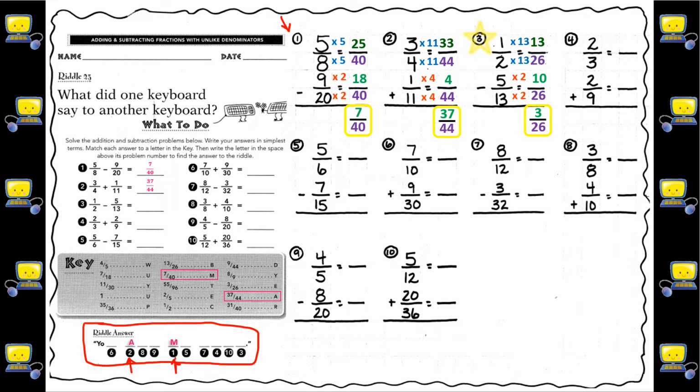Now I need to look at this problem and see if I can reduce it. I cannot. The answer is 3/26. This goes with letter E. So when I look for problem 3, in my answer to the riddle, I'm going to write E.